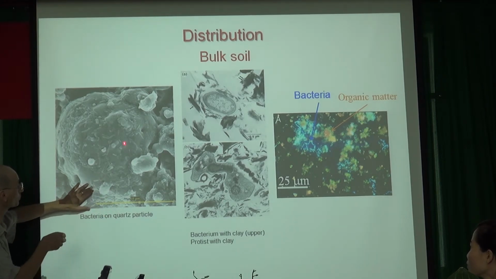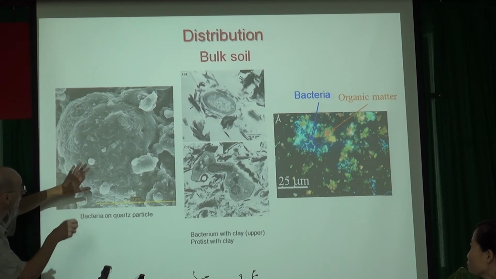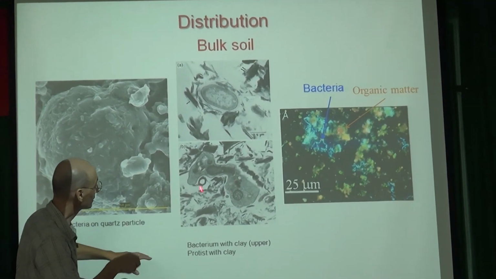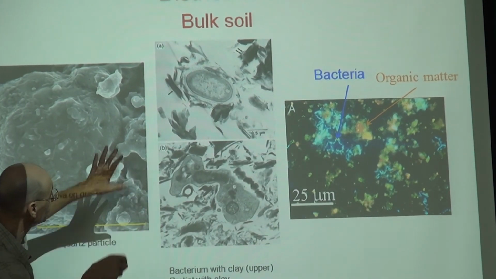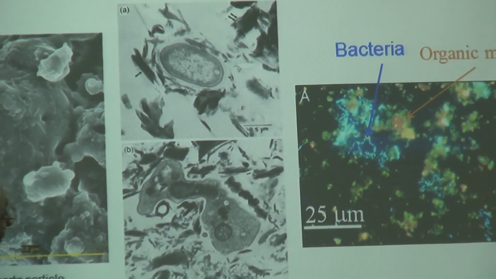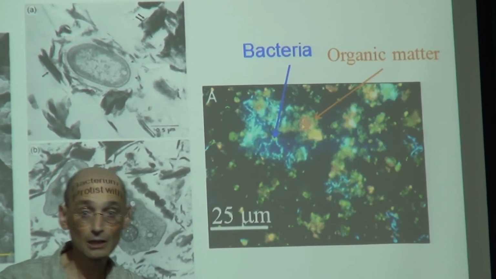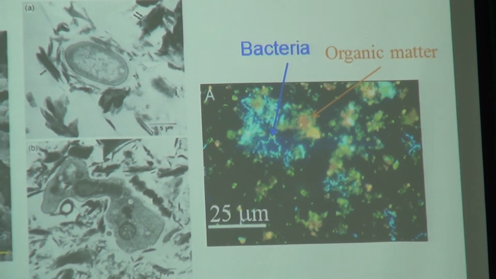You have different kinds of bacteria separated on quartz. You can see them distributed totally unequally, and you can find also bacteria adhering to organic matter. So if you take a sample of soil, it's not that you will have bacteria everywhere distributed evenly, you will have patches of bacteria on the particles.